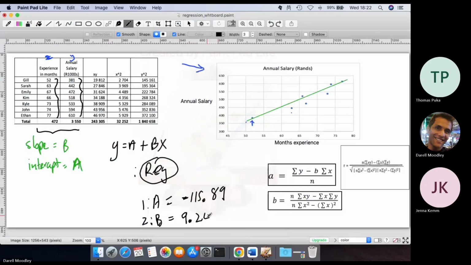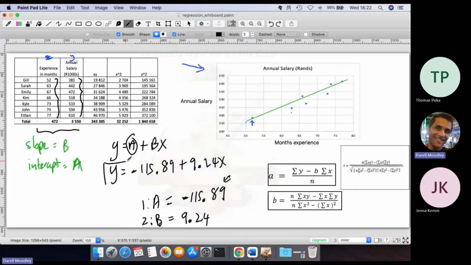Round it up. So your equation of the line, if I write it out, is y equals minus 115.89 plus 9.24x, because all I'm doing is replacing A with what I found here. That's your equation of the line.